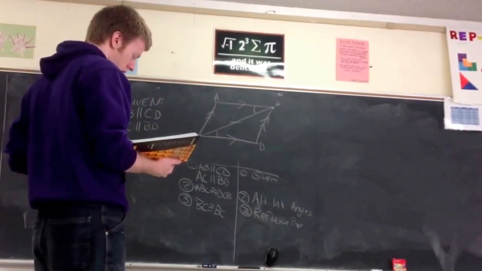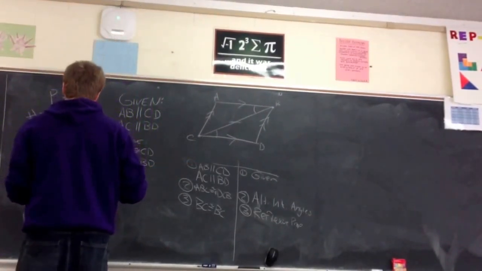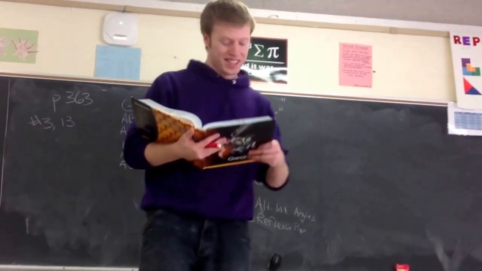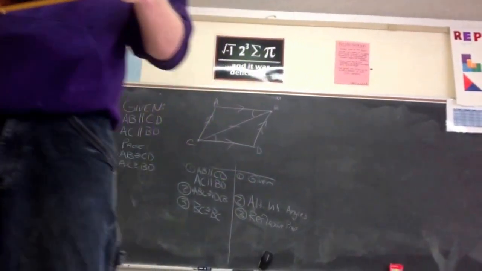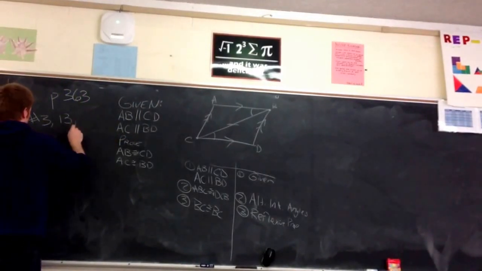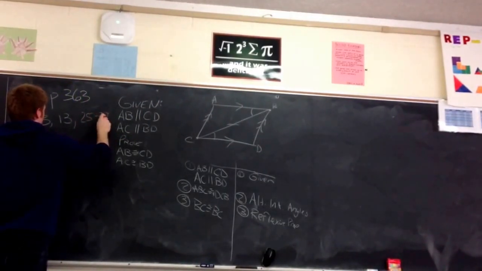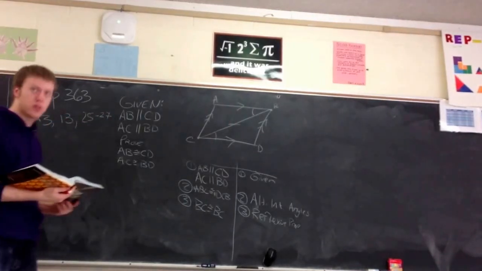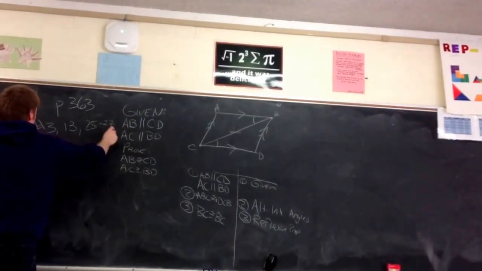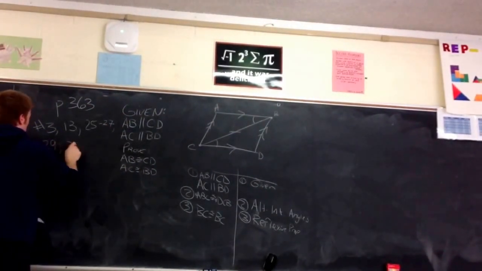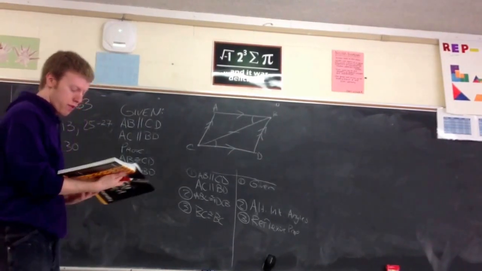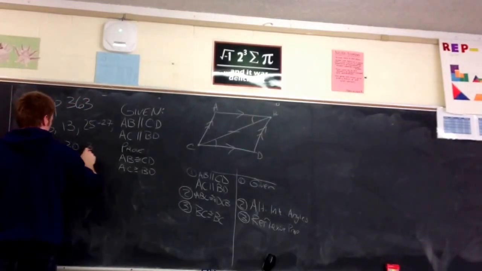Let's do number 13, that's a good one. It's got a few parts to it, so you just have to identify what the steps for that proof are. Then 25 through 27. Let's do 29 and 30. Then 38 through 40. That'll be it.